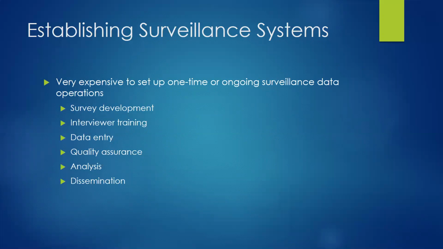Some of the things that you need to do to set up a surveillance system are to develop the questions, train interviewers, have a data entry process and a quality assurance process, and then also use the data, so have someone available to analyze them and come up with ways to disseminate the data.